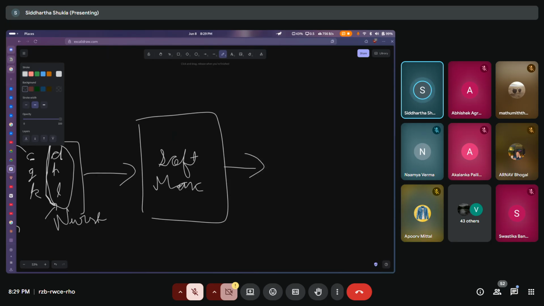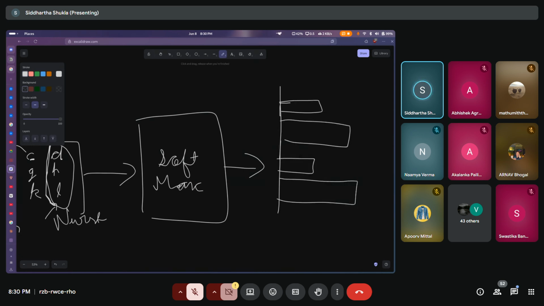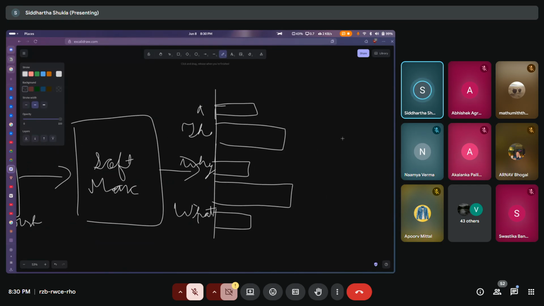This softmax returns us a probability distribution for the next most likely word. For instance, "it", "the", "why", "what". Let's say these are the next most likely words after the softmax normalizes the probability distribution.